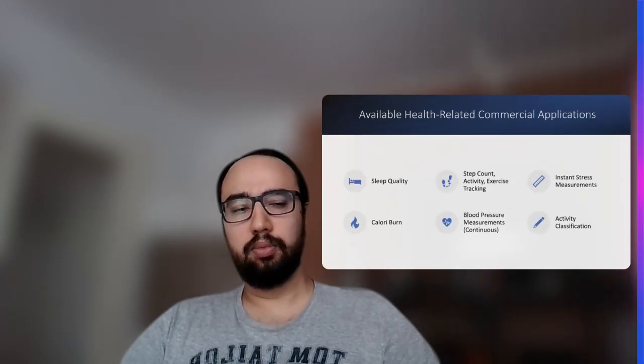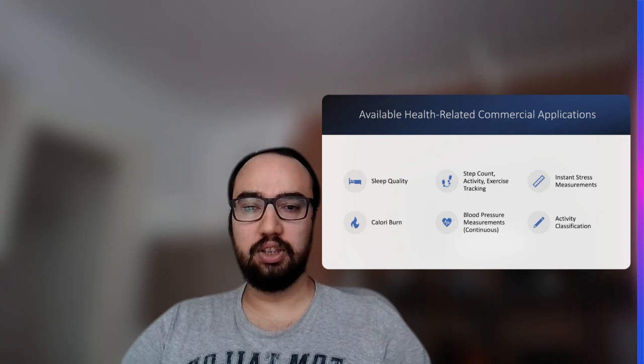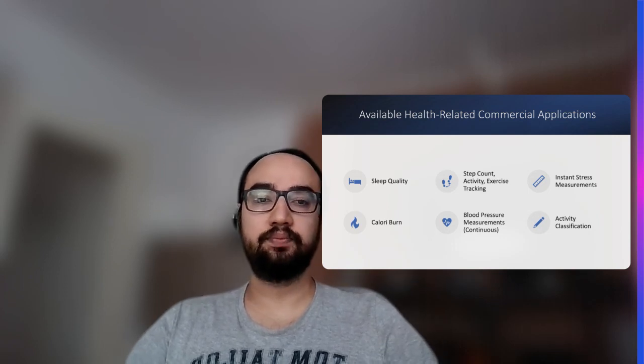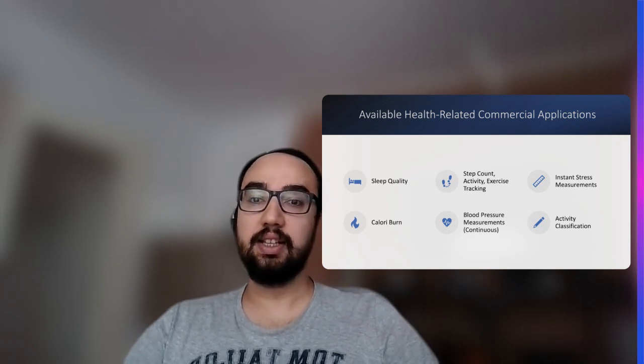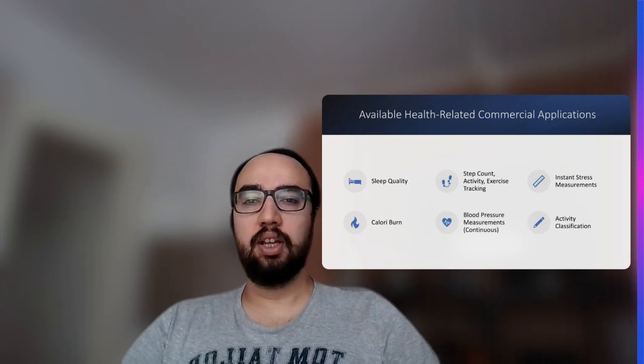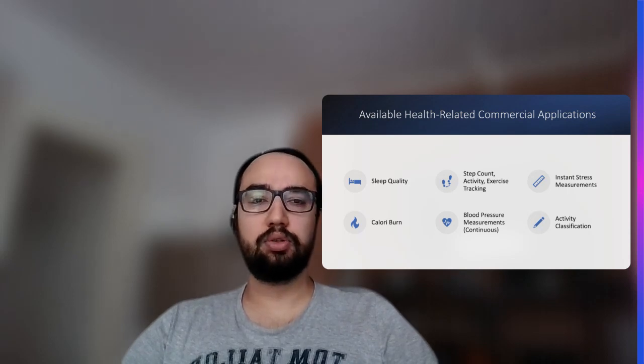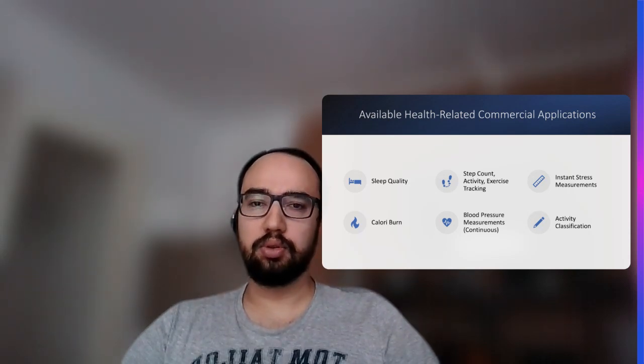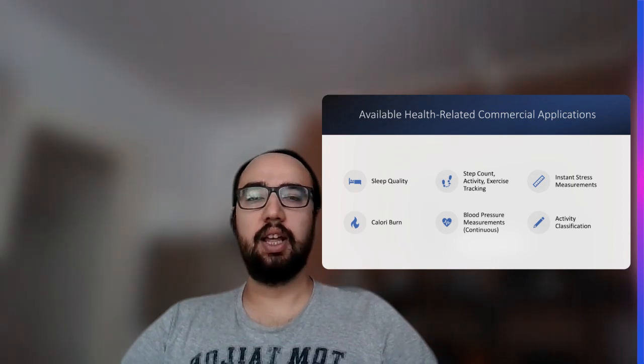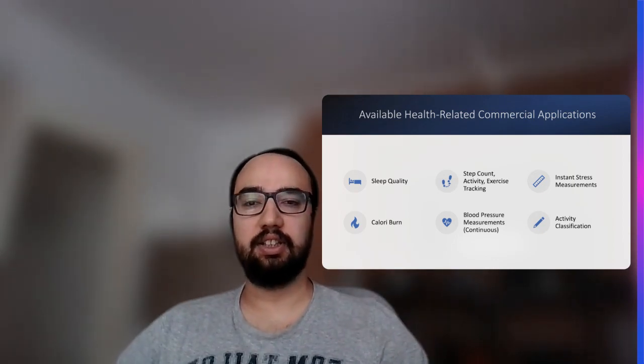Available health-related commercial applications are sleep quality monitoring, exercise tracking, instant stress measuring. They also estimate calorie burn, they continuously measure your blood pressure, and they classify the activity types.